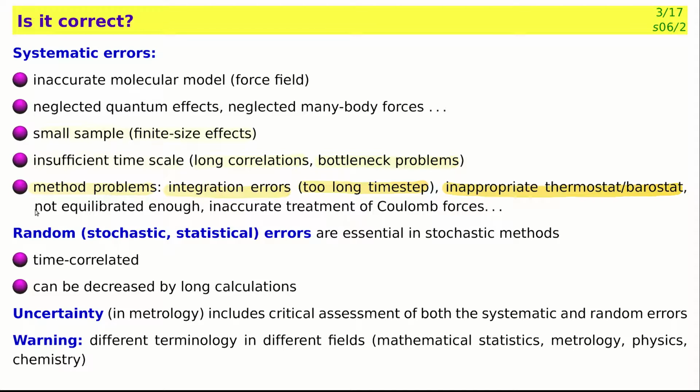We should be aware of good equilibration so that we really study a system in thermodynamic equilibrium. Also, there are problems with Coulomb forces. The methods of how to calculate Coulomb forces are not easy. We can do it cheaply with some systematic errors, or we can do it more accurately, and then it's more demanding. So these are systematic errors.